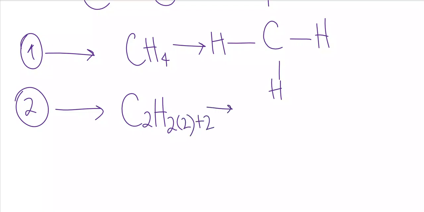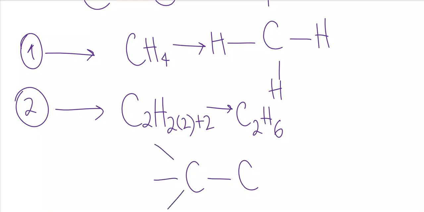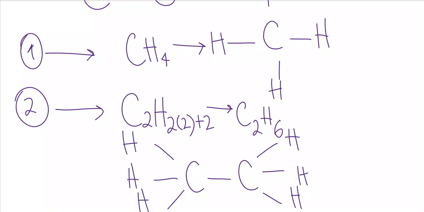So the formula for this one will be C2H6, and the structure is a carbon-carbon single bond, and then you place 3 hydrogen atoms on each carbon. So this is the second member of the alkane family, and this is ethane. The first is known as methane and the second one is ethane.